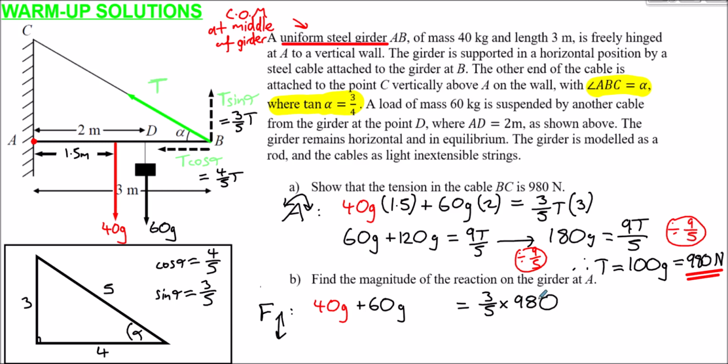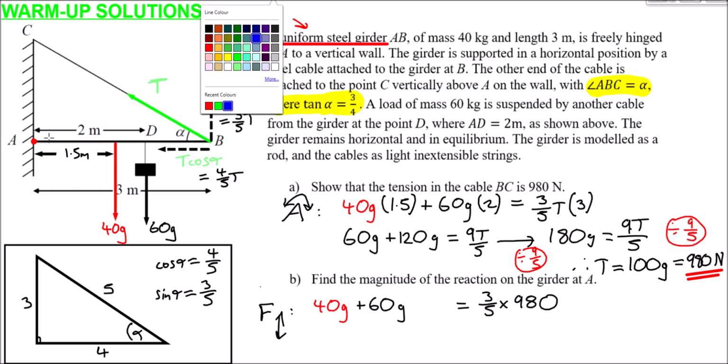So 40g plus 60g is 100g, which is the same as, of course, 980. Over here, we've only got 3/5 of 980, so we need more force going upwards to make it balance with the weights going down here. So therefore, we can deduce actually that this reaction acting at A must be going slightly up.